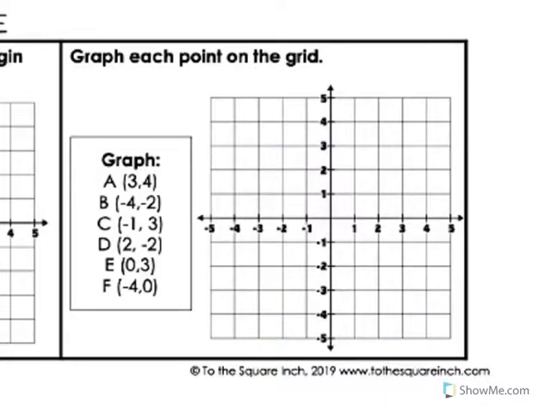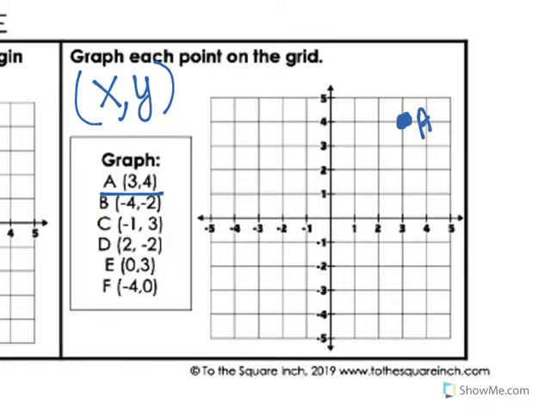Point A is at positive 3, positive 4. Remember, our coordinates are x, y. So I'm going to start at my origin, and I'm going to count over 3, 1, 2, 3. And then I'm going to go up 4 spaces, because my point is in quadrant 1, so it's positive, positive. So I'm going to go up 1, 2, 3, 4. And I'm going to put point A right here.